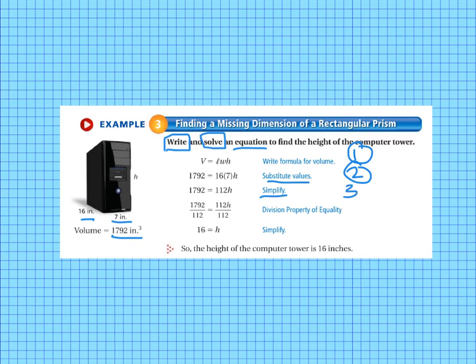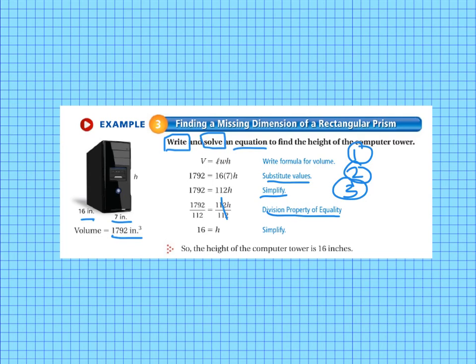That's step 3. And then step 4 is you think back to how to solve for a variable, and you use the division property of equality, which means that since that 112 is multiplied by h, you need to divide both sides by 112 to get that h by itself. So 112 divided by 112 is 1. That's why I crossed that out.